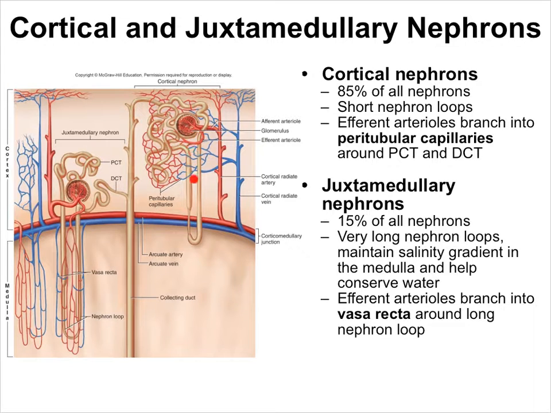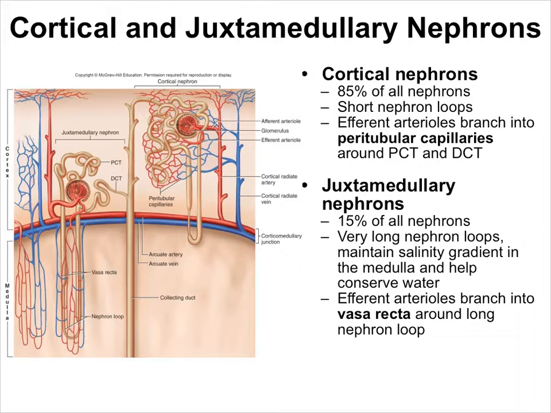That means that when the loop of Henle dips down, it's only going just a little bit into the medulla. It's only got this small portion at the bottom here that's going into the medulla. Most of the loop of Henle stays up in the cortex. The loop of Henle is actually pretty short.